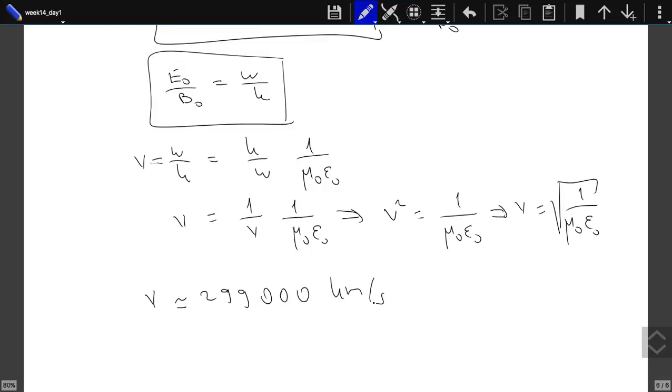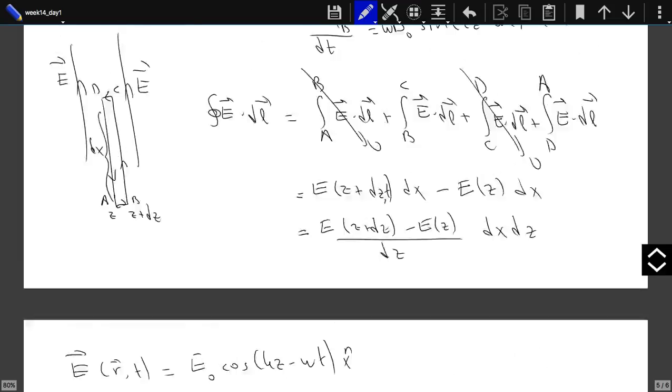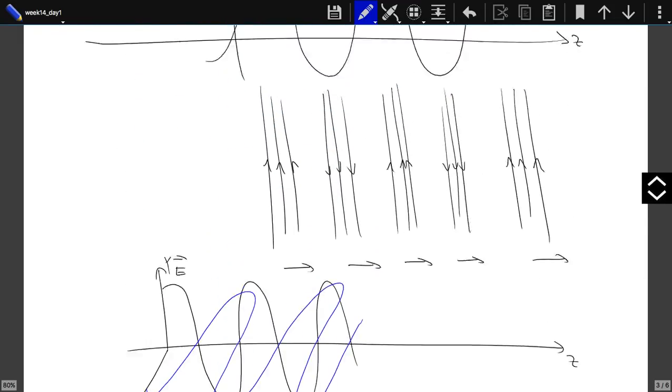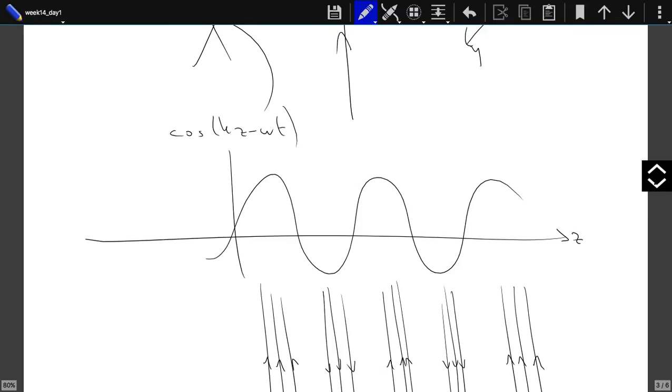Physically speaking, what exactly is K? What is wavelength? Physically speaking, what is wavelength? This length, right?